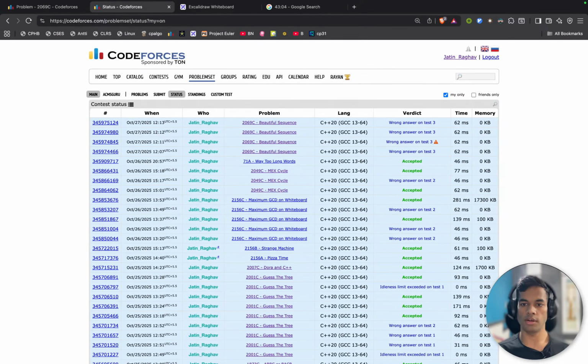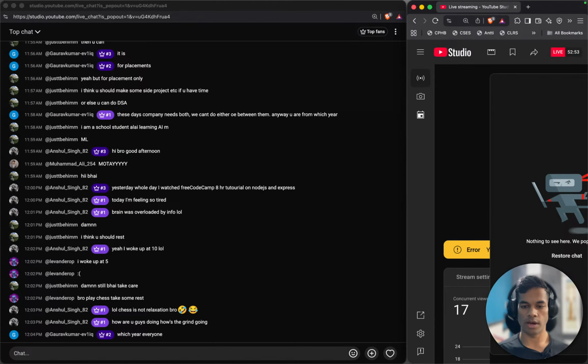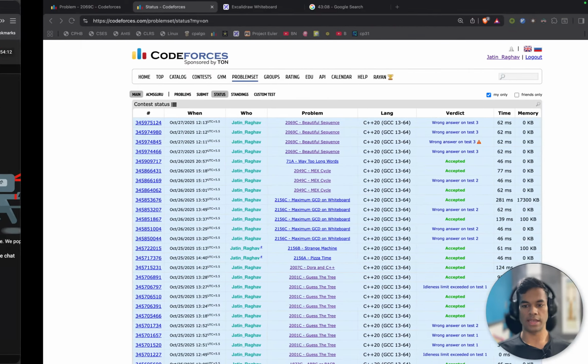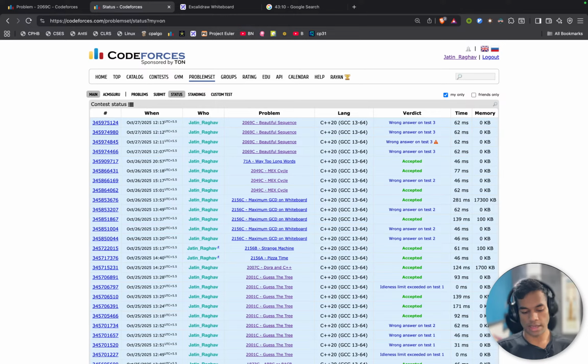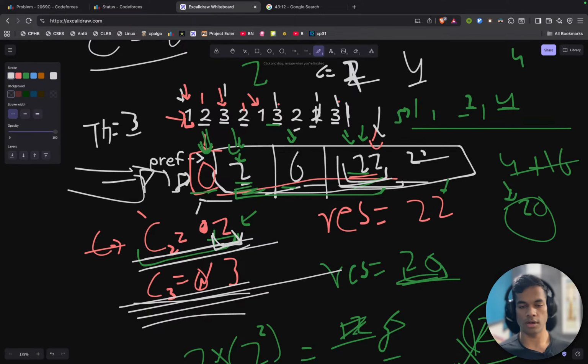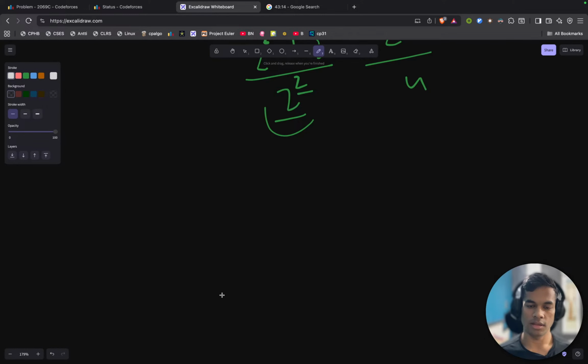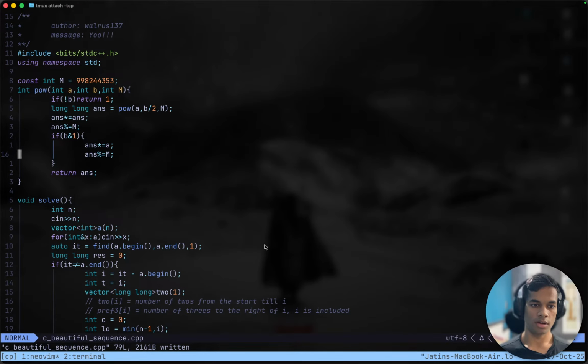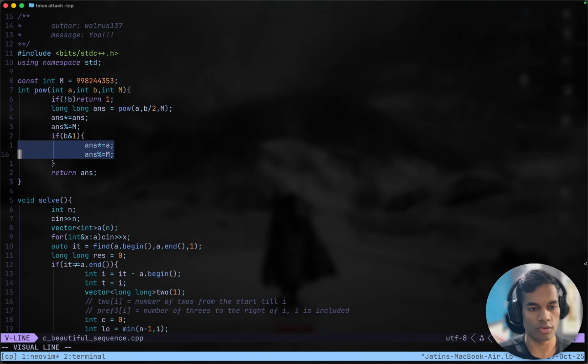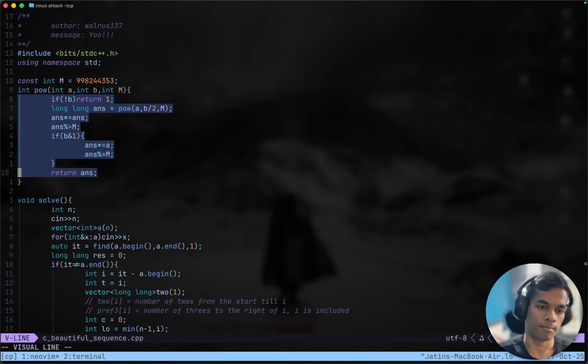There was actually a trick which we can use to find 2 raised to a certain power and take its modulus with a given number. And I think, shit, I don't actually remember. There was a trick which we can use here instead of using an actual power function.